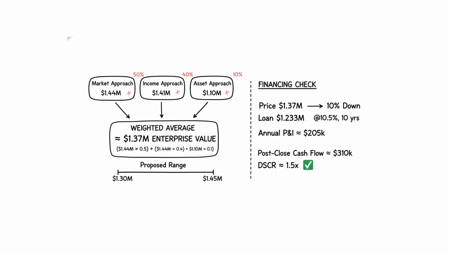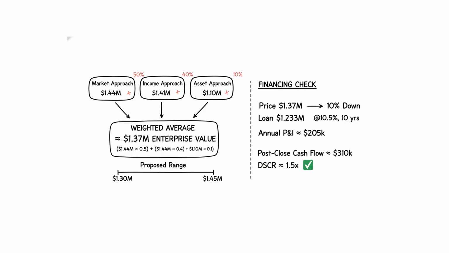Asset approach: adjusted net assets appraise to 1.10 million. Weighting 50, 40, 10 gives 1.44 million times 0.5 plus 1.41 million times 0.4 plus 1.10 million times 0.1 equals 1.37 million enterprise value midpoint.